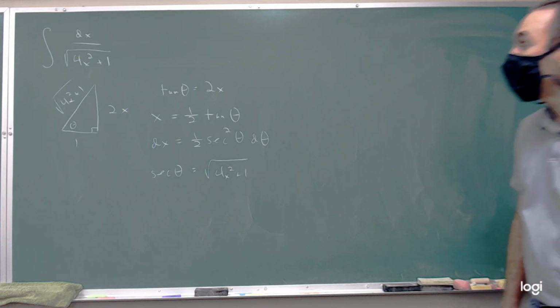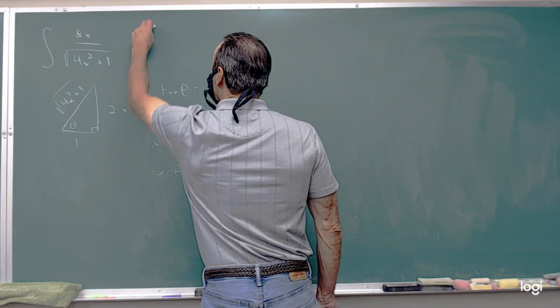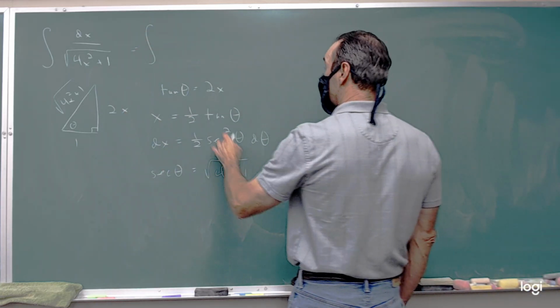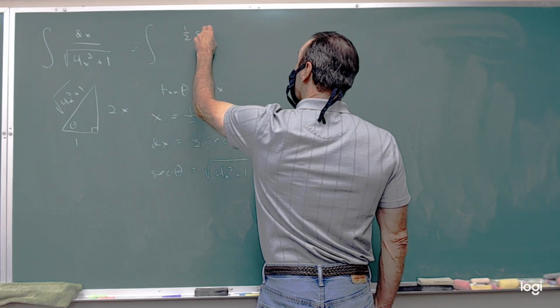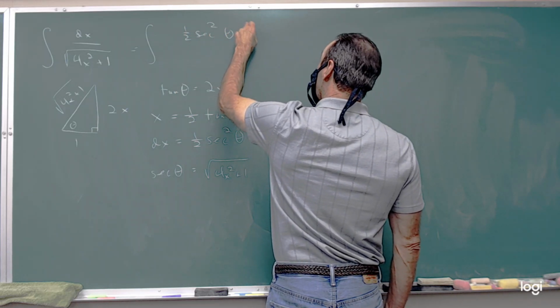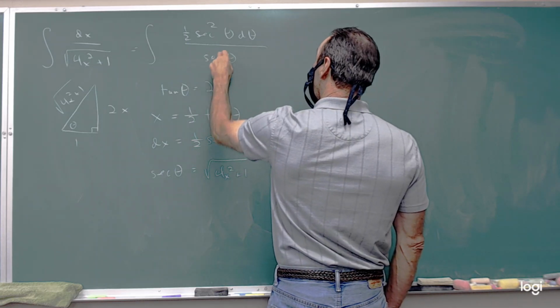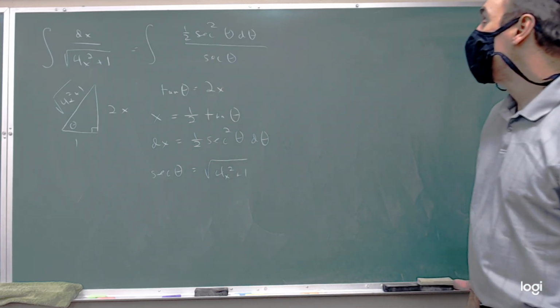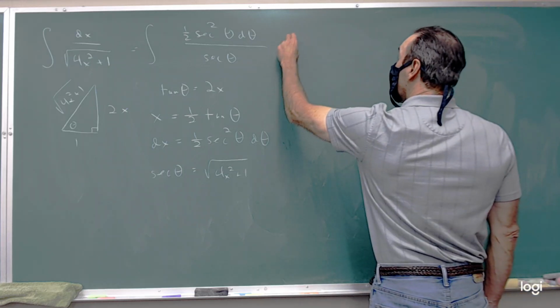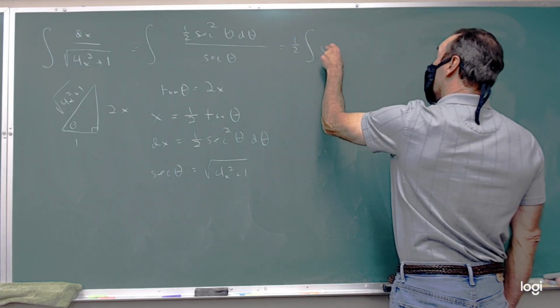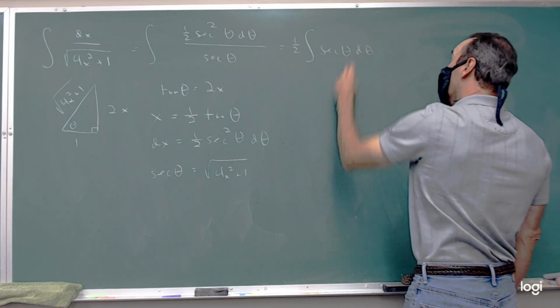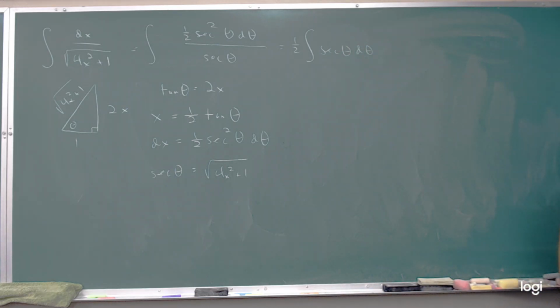All right, so the dx is our 1/2 secant squared theta d theta. Our radical is a secant of theta. So yes, we've got 1/2 the integral of secant theta.